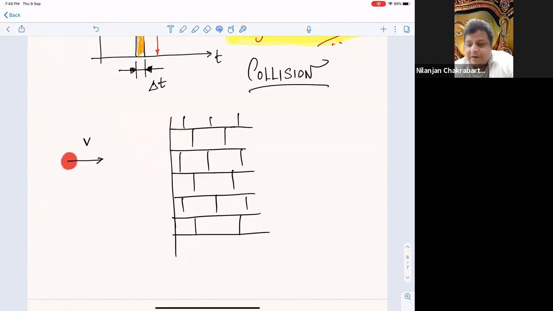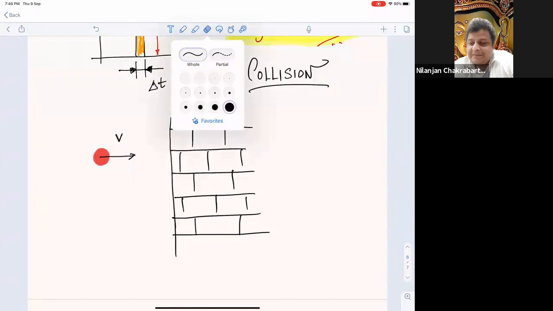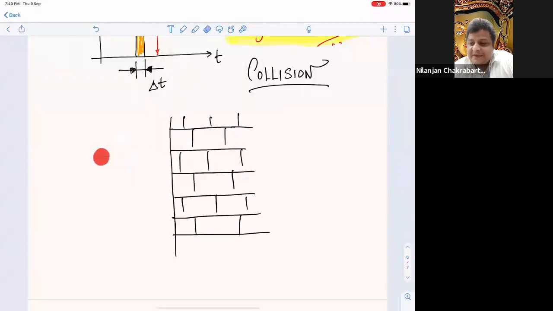After hitting it rebounds. That is a full animated thing I am showing you, but actually the ball is hitting the wall and bounces off the wall. So hitting at v1 and bouncing off at v2, and the mass of the ball is m.